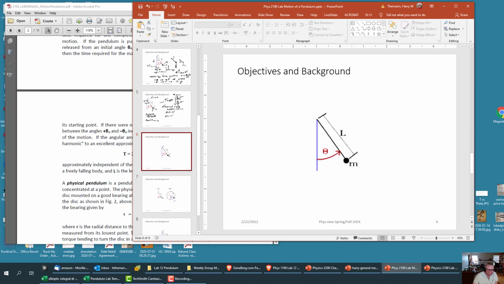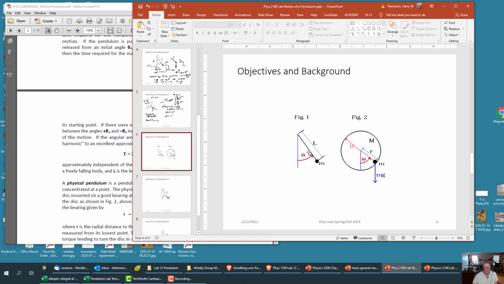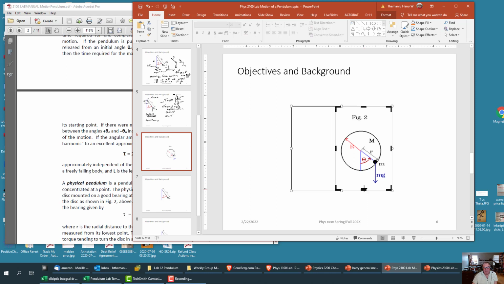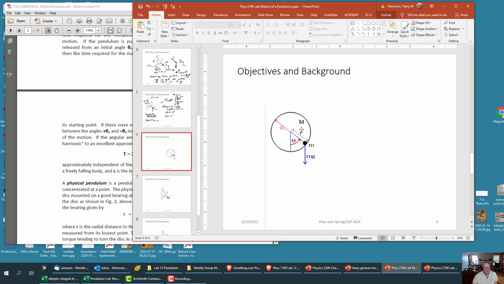Okay, let's see, looking at my notes. All right, this is procedure here. First, let's finish up the background. Now we have the physical pendulum. In the physical pendulum, you have an aluminum disc, so you can't say that there's a point mass involved. When you had the regular pendulum, you could say you had a point mass, and that doesn't work out here.